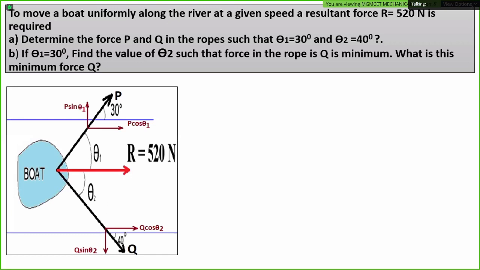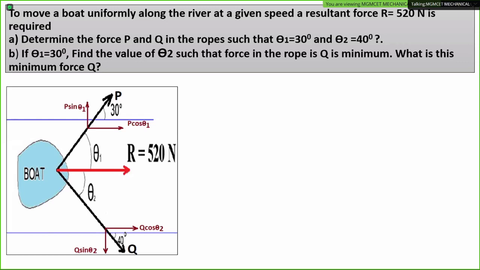And one more thing, just now in the previous example I told you, if the force is horizontal, what is the x component and y component? Just 2 minutes पहले हुआ है. If a horizontal force is given, what is its x component and what is its y component? Y component is 0 and x component is the force itself.